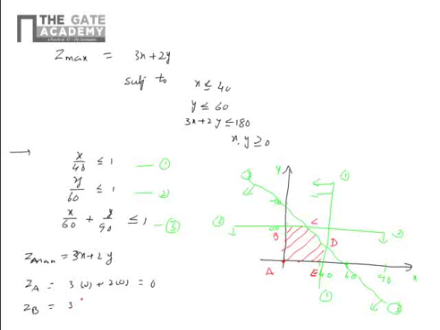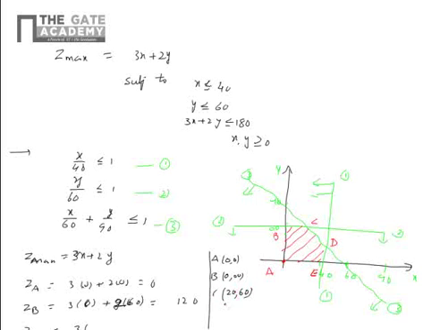ZB is equal to 3 into 0 plus 2 into 60, which is 120. For ZC, we need the points: A is 0 comma 0, B is 0 comma 60, C is 20 comma 60.